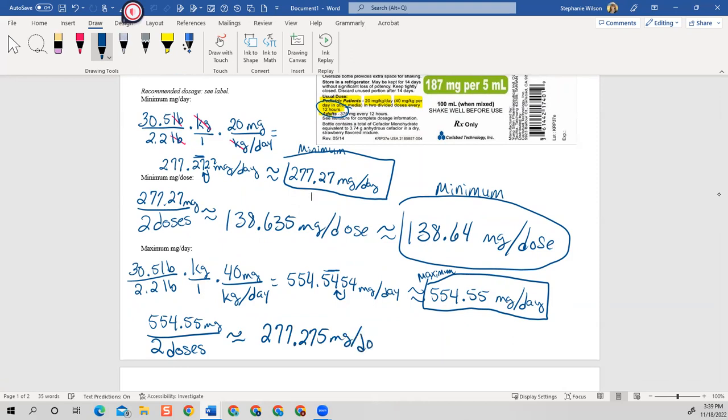Rounding to the nearest hundredth, that gives me 277.28 milligrams per dose. So now I have my maximum per dose.